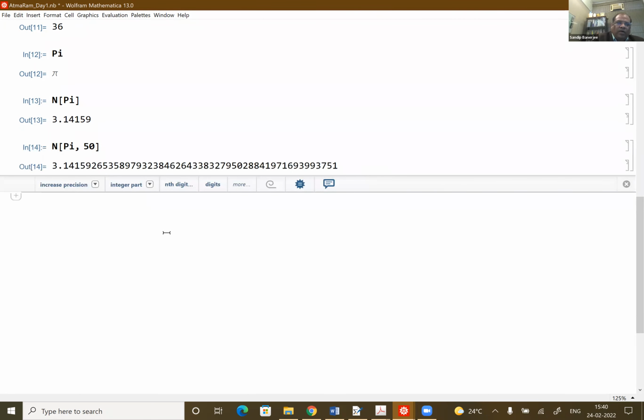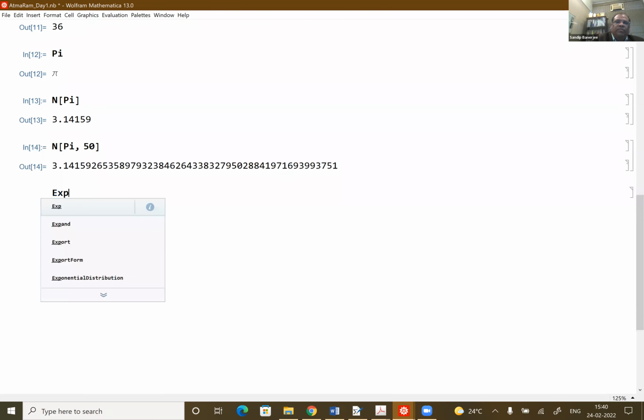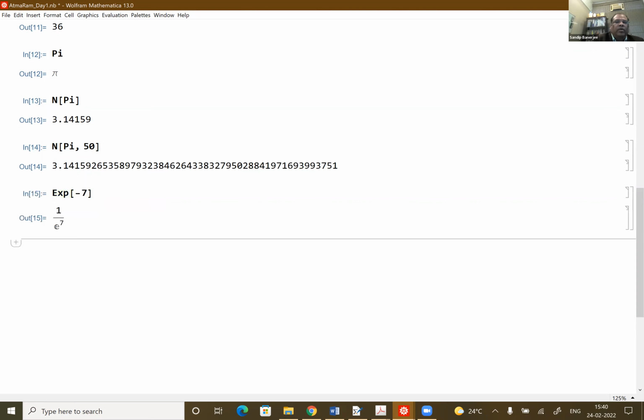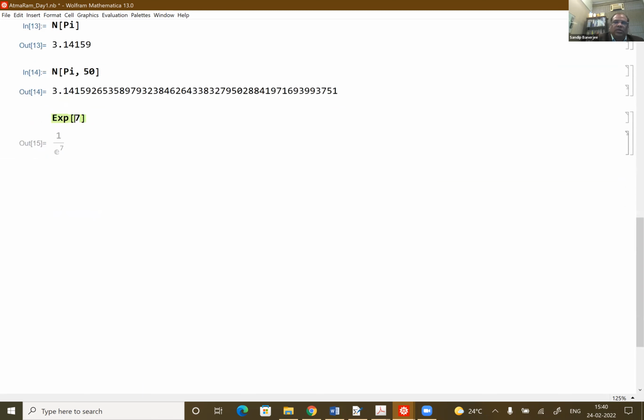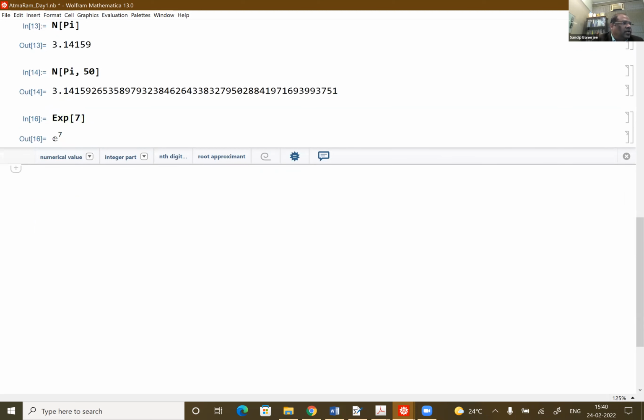Similarly, you have exponential, say e to the power 7. If I make it plus, it is e to the power 7.